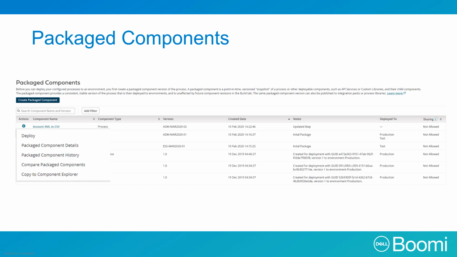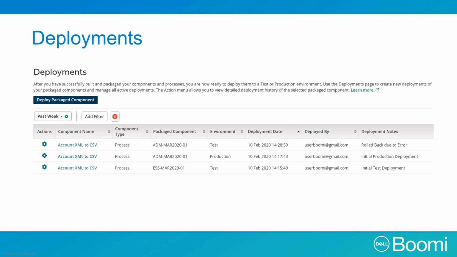Compare the included components within the selected packaged component version with another version, or with the latest component versions in deployment. Finally, you can copy the components included in the packaged component to your Component Explorer on the Build tab.